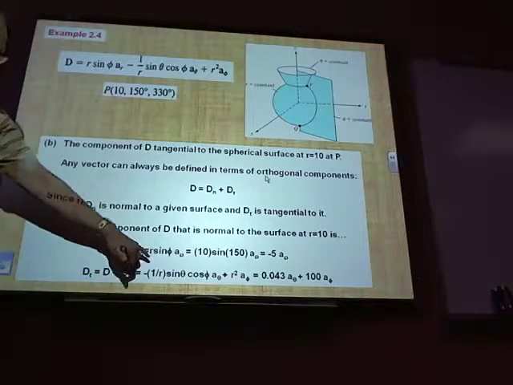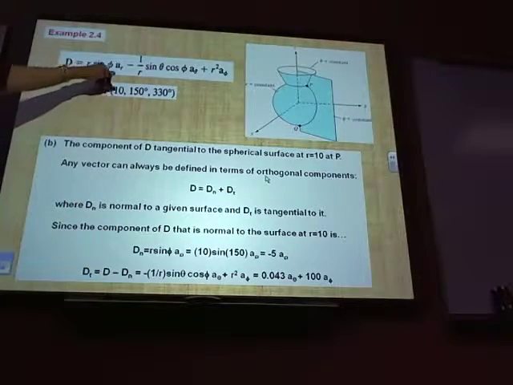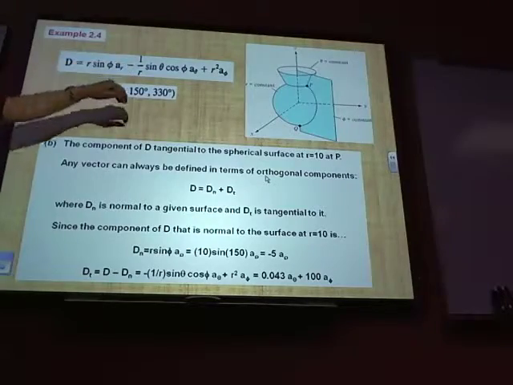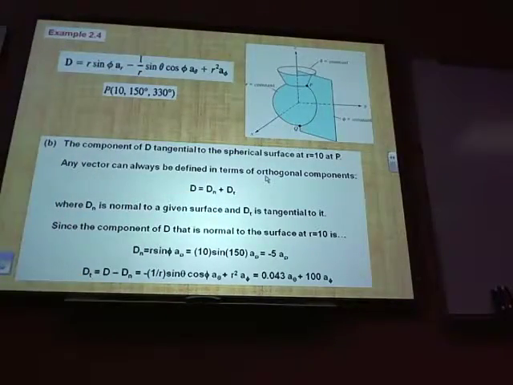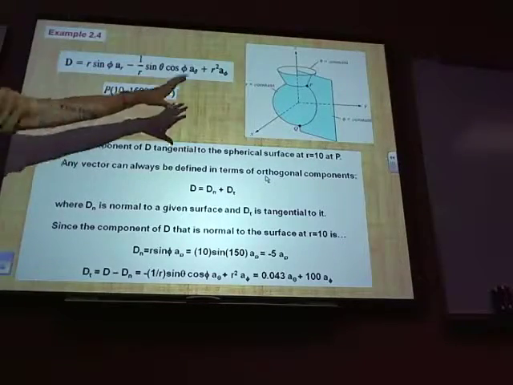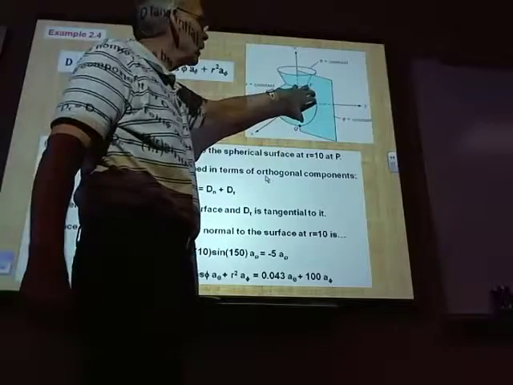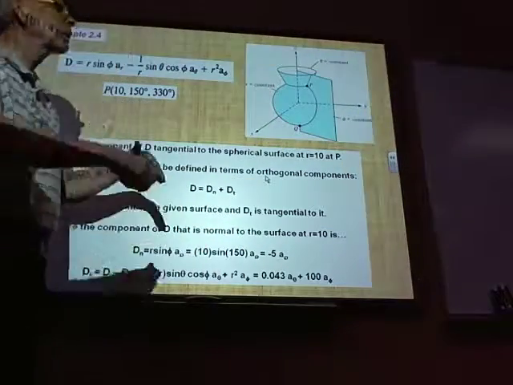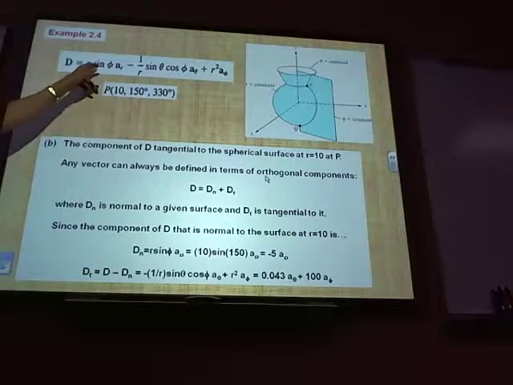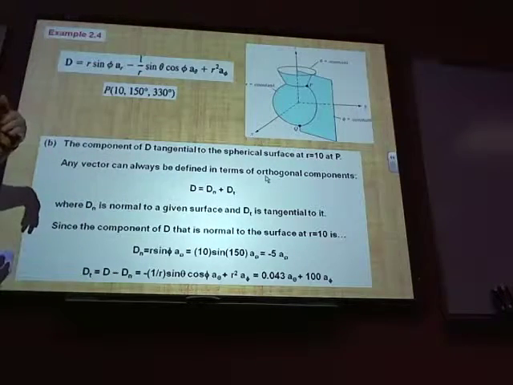All right. So here's our normal component right here. How do I know this is my normal component? Well, I just go up here and pull off here's my normal component to this surface at that point. Y'all see that? Because the spherical surface here is constant. Right now I'm going to try to work with the normal component, and then I'm going to subtract it from the original function and get my tangential components.